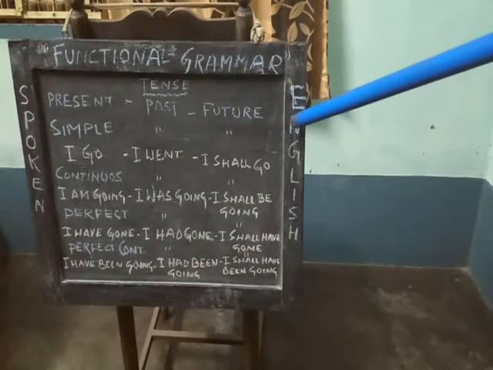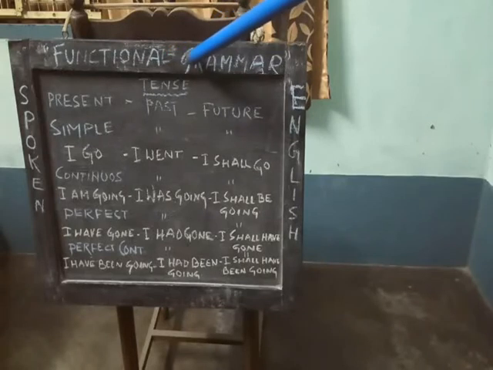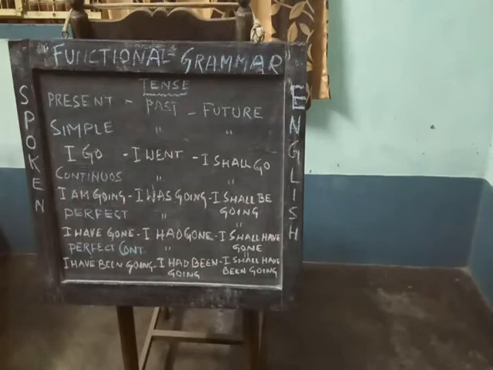In these topics we have a syllabus of functional grammar. In functional grammar we have already learned in detail about the parts of speech. Now I am trying to make you learn another important area of our grammar portion, that is tense.